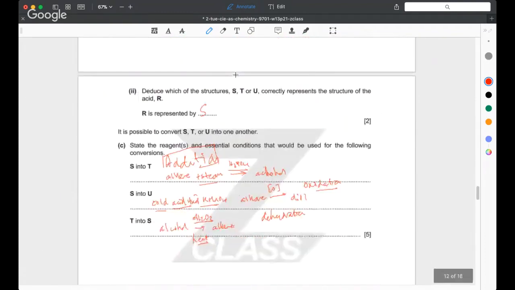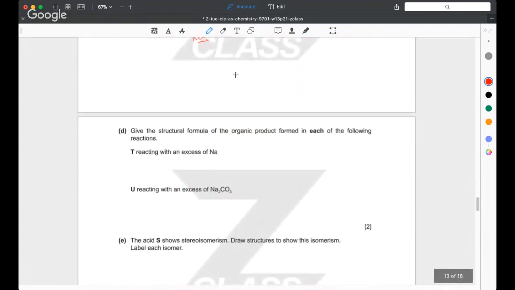And you need to know that sodium metal can react with both of those functional groups. It can react with the alcohol functional group, and it can react with the carboxylic acid functional group. And when sodium reacts with an alcohol, you get an alkoxide. And when you react sodium with a carboxylic acid, you end up with the salt of a carboxylic acid.